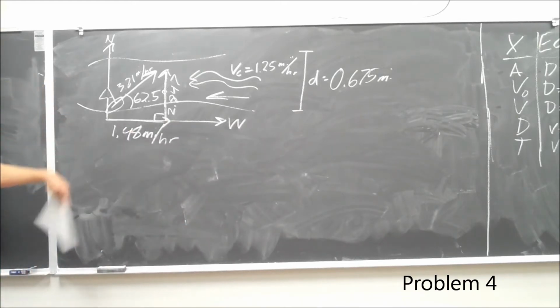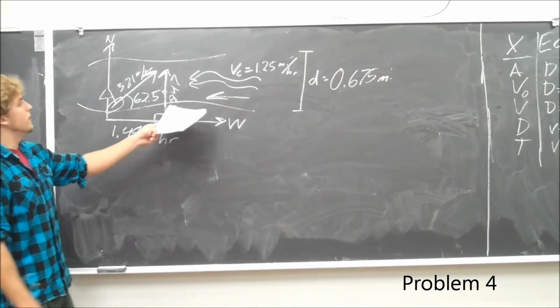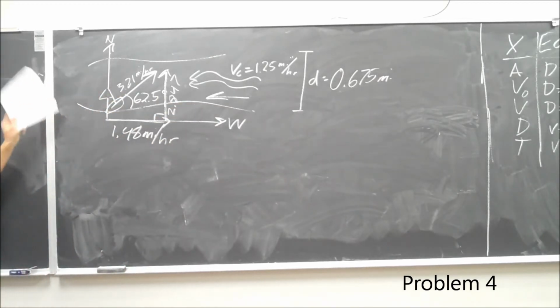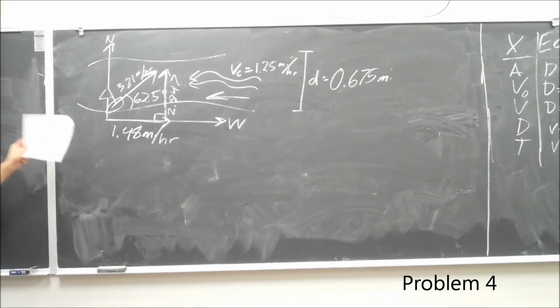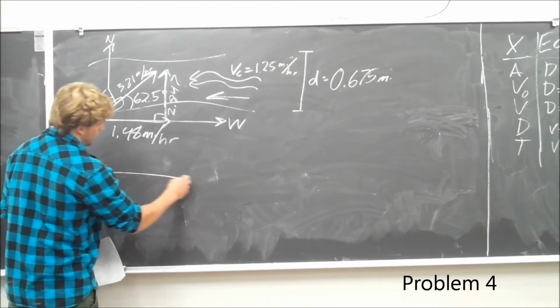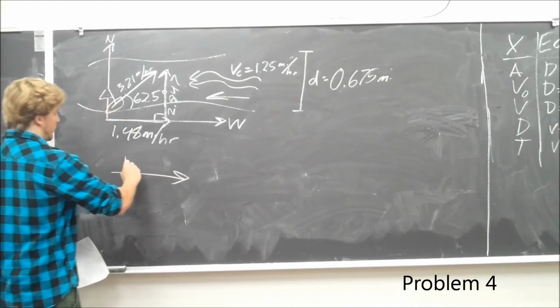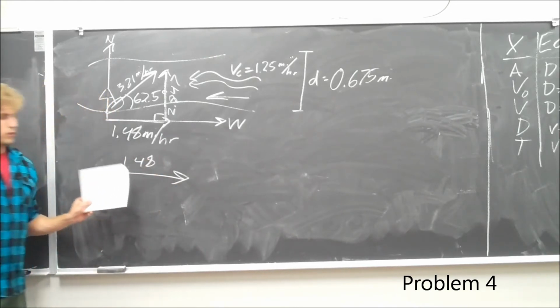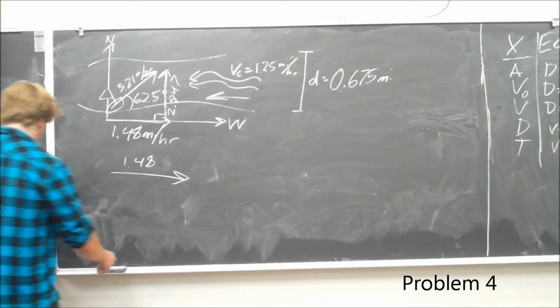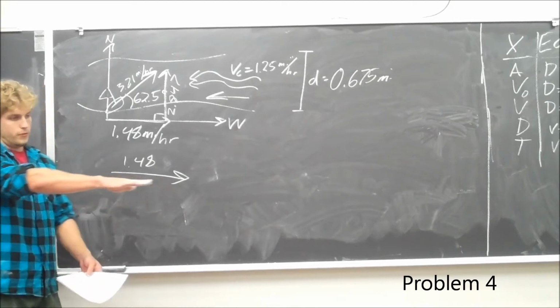So these are the velocities. We got 2.847 miles per hour going across the river, and then 1.48 going against the current. Now, how do we deal with this? So we got this boat going 1.48 to the right, but underneath it is this current making it shift back.